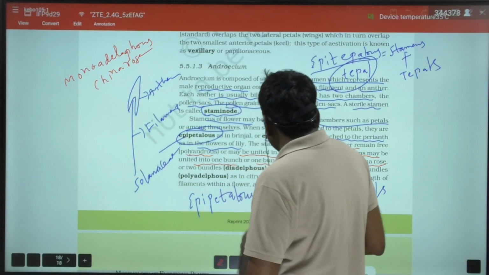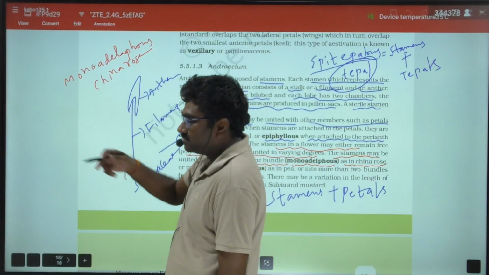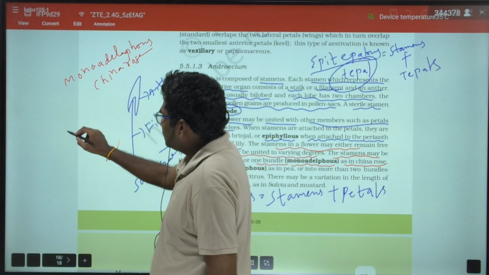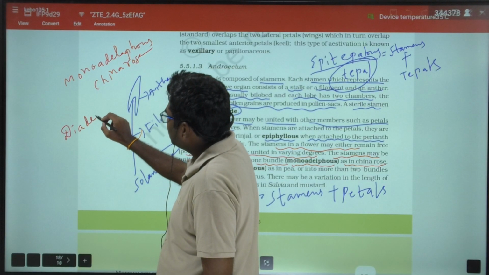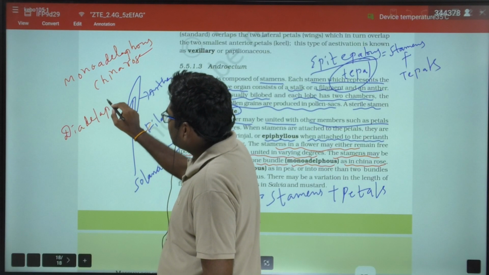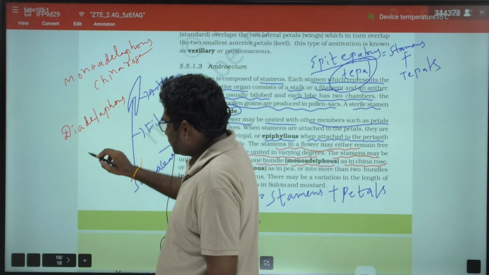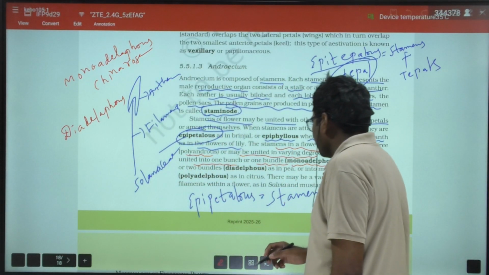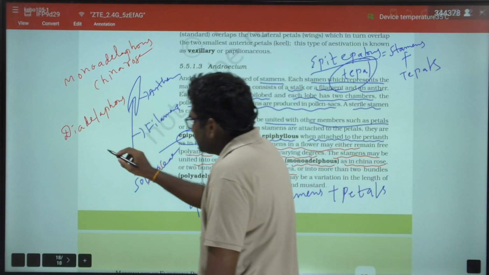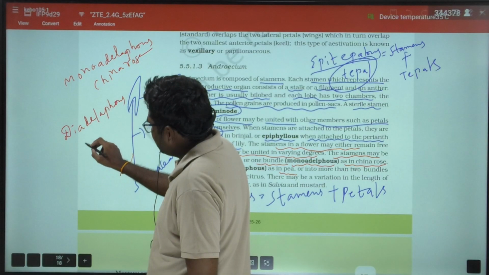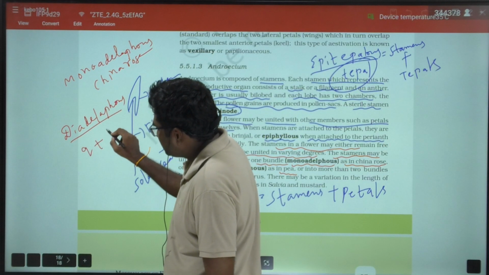And here diadelphous means stamens are united into two bundles. For example, in the Fabaceae family, that is in pea. Here the stamens are united into two bundles, that is 9 plus 1.